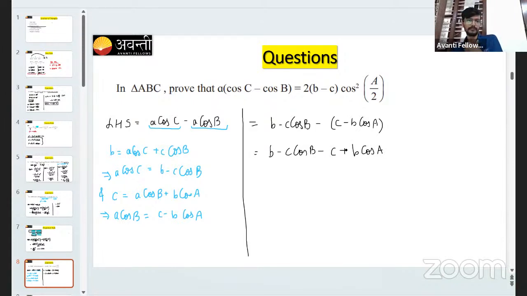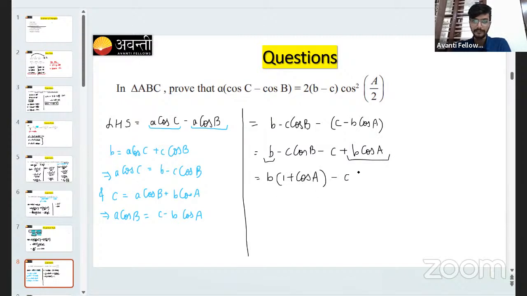I guess I made a mistake. A cos C, yeah. So I can write it from here and from here. I can take B common, I'll get 1 plus cos.